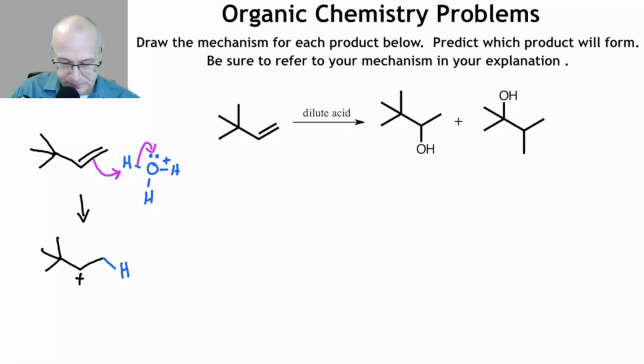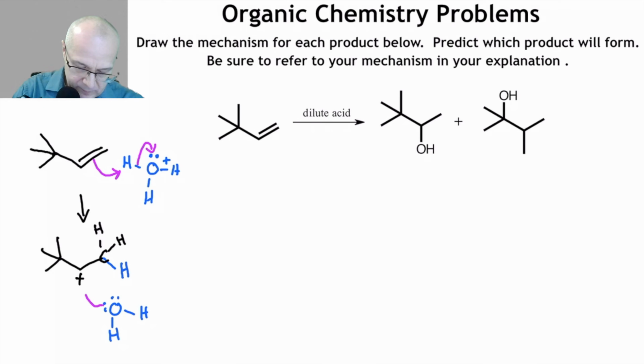Cation will be there. And let me draw this out so it's a little more clear. There's a methyl group there, just to make it more clear. Okay, now, water at this point can attack the carbocation. No one's surprised there, I don't think.